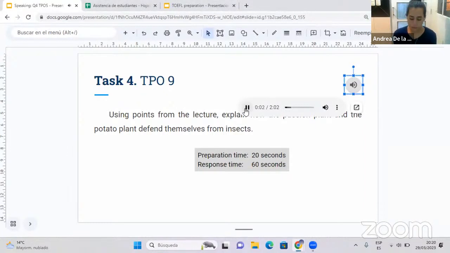Listen to part of a lecture in a biology class. We all know that insects like to eat plants, but some plants have been able to develop ways to protect themselves from insects. Today I'm going to talk about some ways plants defend themselves. Now, some plants have physical features that prevent insects from landing on them, like the passion plant, for example.